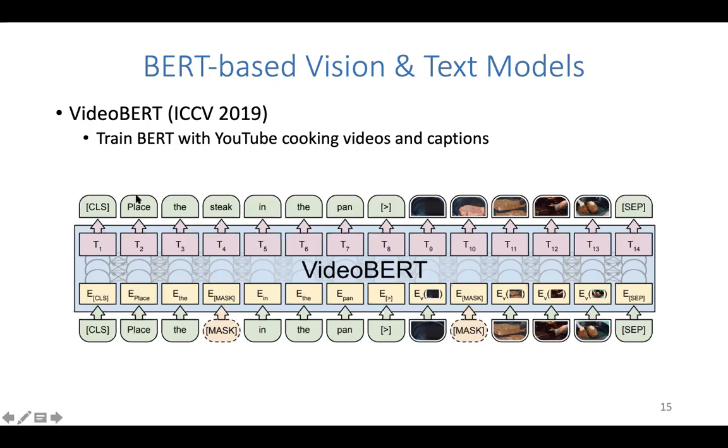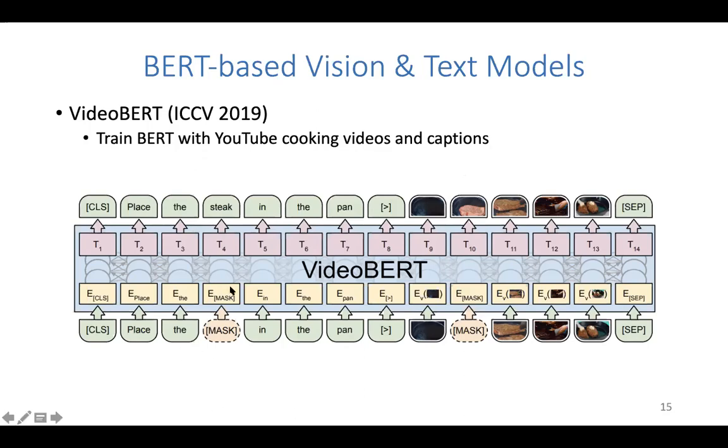Similar to lookup embeddings for your words, your words are transformed into a continuous vector, and an image is also transformed into a continuous vector. So both are basically just token embeddings. Then you do a lot of self-attention, you put a mask, and you simply do masked language modeling.